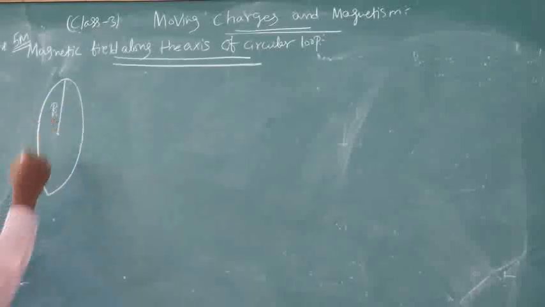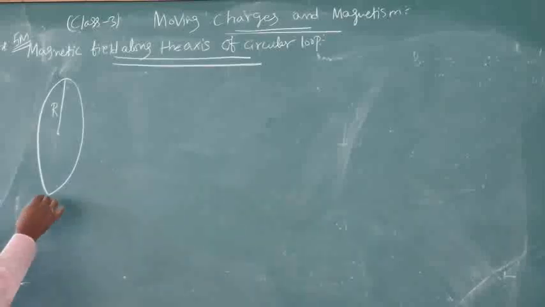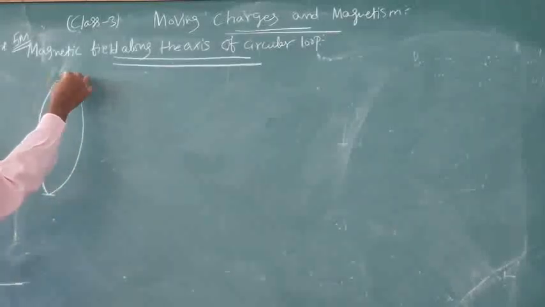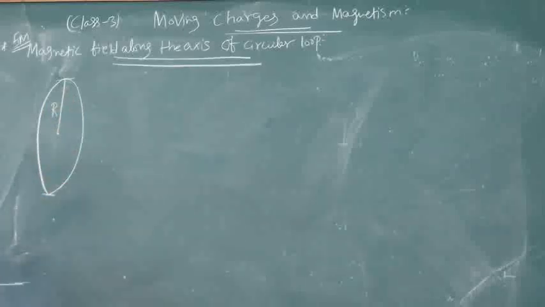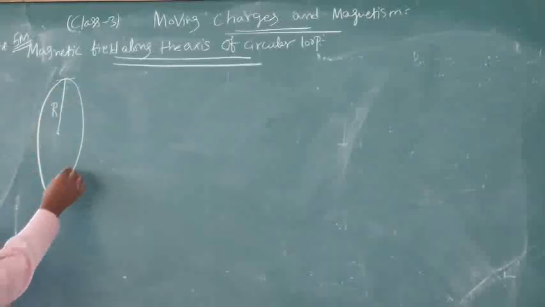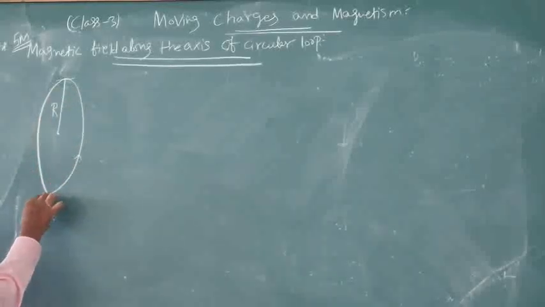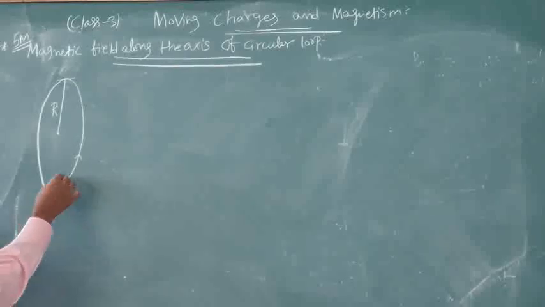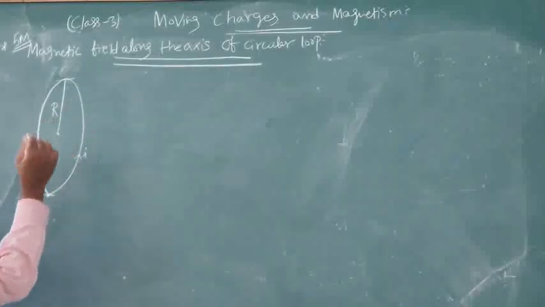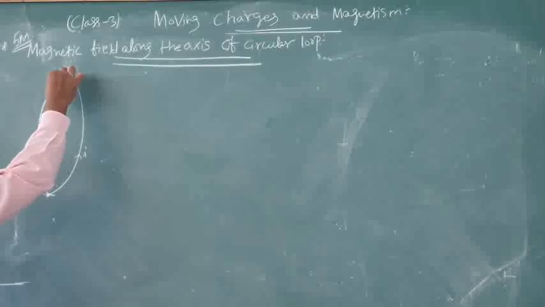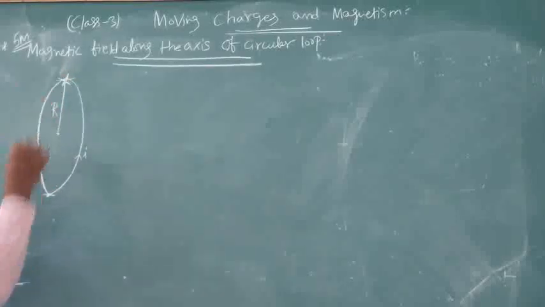This is the radius R. Now this is a small amount of length dl and this is also a small amount of length dl. Now the current is moving from outside to inside. Outside means, what is the meaning of this one? This is a dot and this is a current and it is moving inside. That's why it is cross.